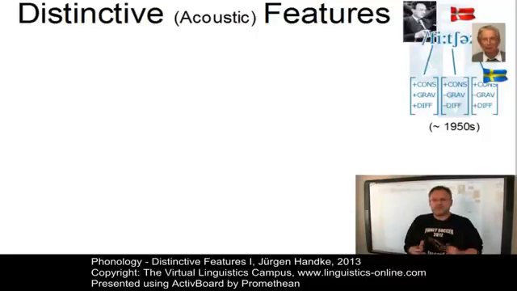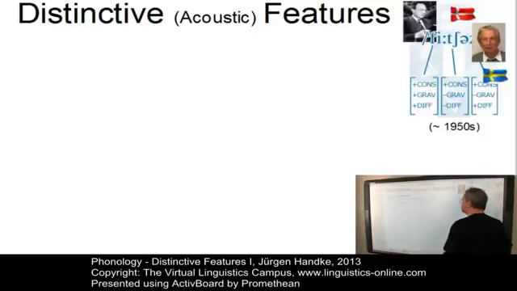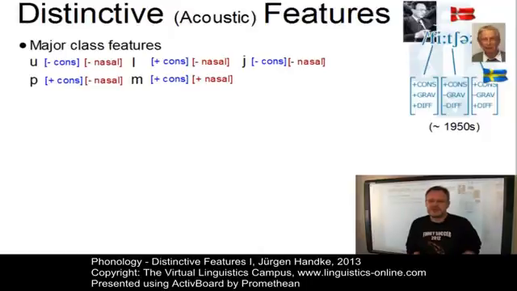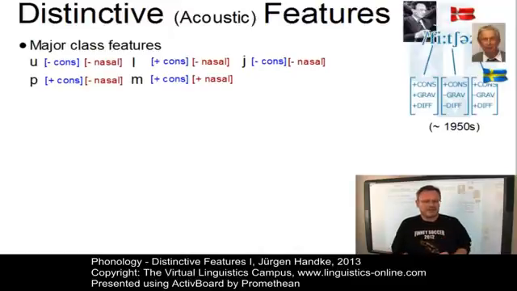Now, the first group of features Jakobson defined are referred to as major class features. They have been introduced to distinguish the major classes of segments: vowels, consonants, and segments somewhat in between: nasals, liquids, and glides. However, there is disagreement about the number and type of major class features.